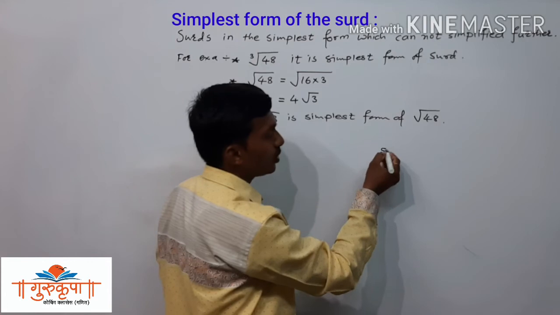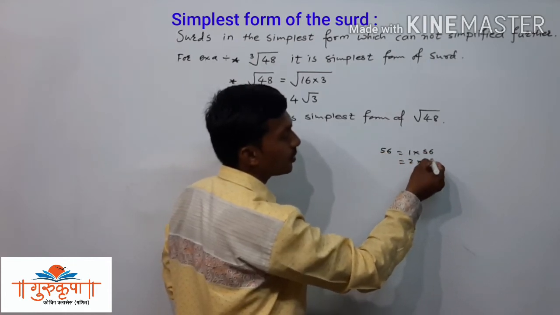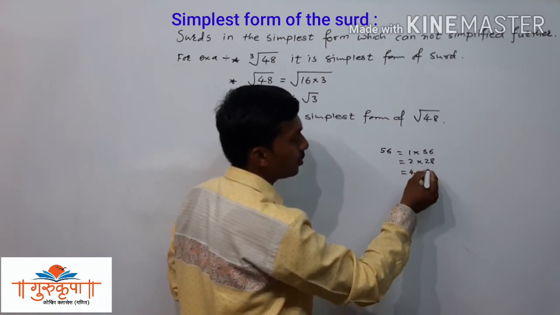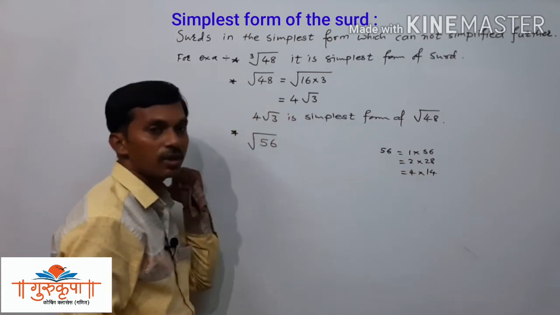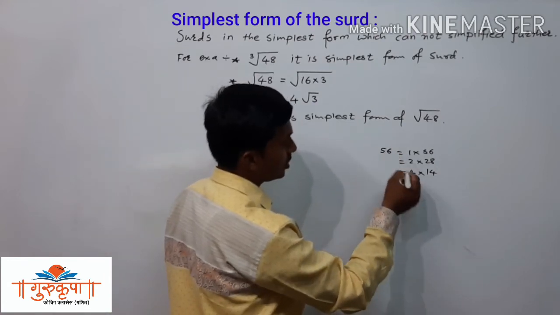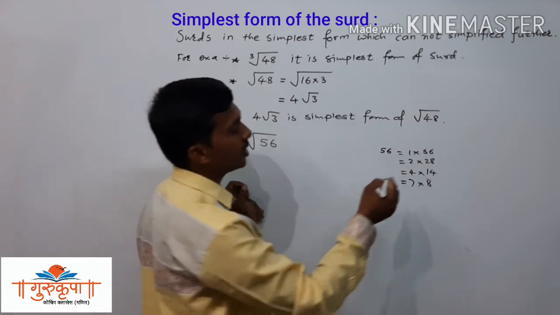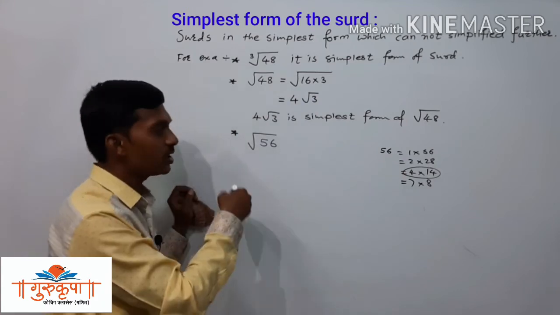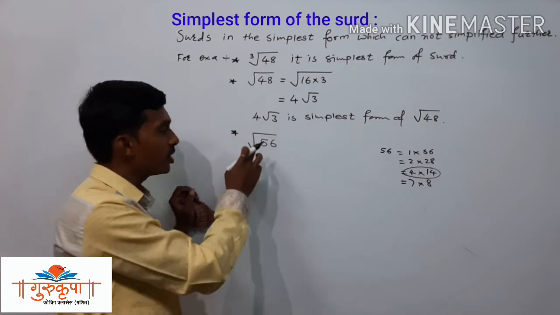Here the factors of 56: 1 into 56, 2 into 28, 4 into 14, 7 into 8. Here we have 4 into 14, so we can simplify this further. So this is not the simplest form.